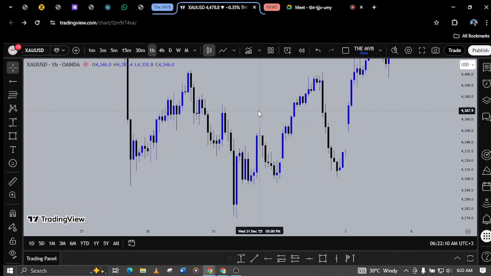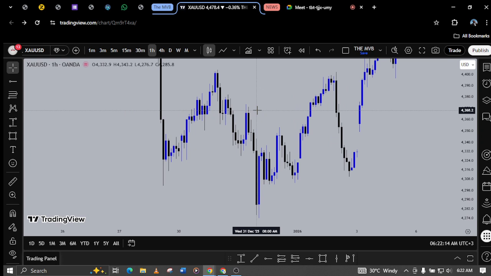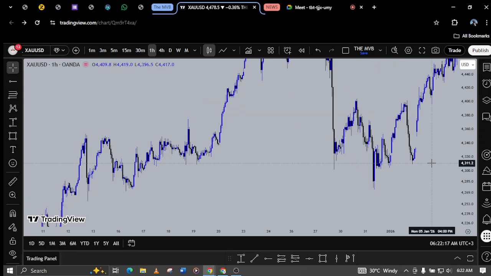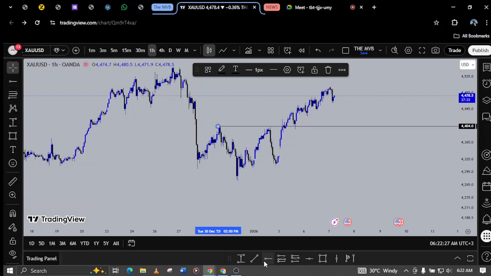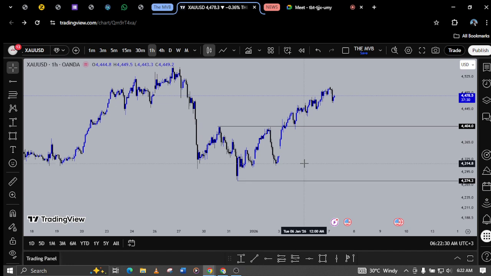You do not shift time frame at this point. The time frame that you start your analysis on is the time frame you need to define these things.